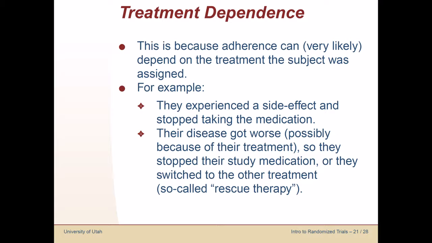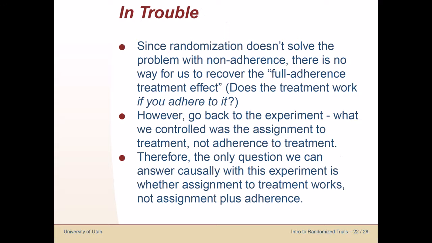Or maybe they even switched to the other treatment, sometimes referred to as rescue therapy. Well, now we are really in trouble, because since randomization doesn't solve this problem with non-adherence, there is absolutely no way for us to recover the, quote, full adherence treatment effect. In other words, does the treatment work if you adhere to it?